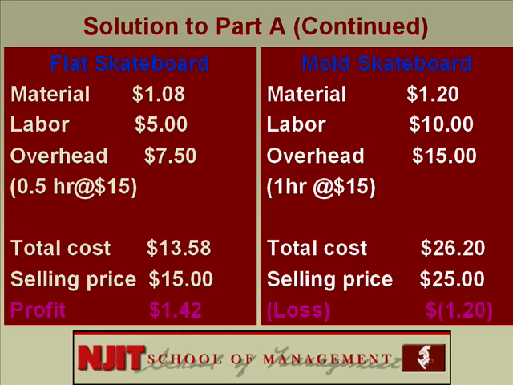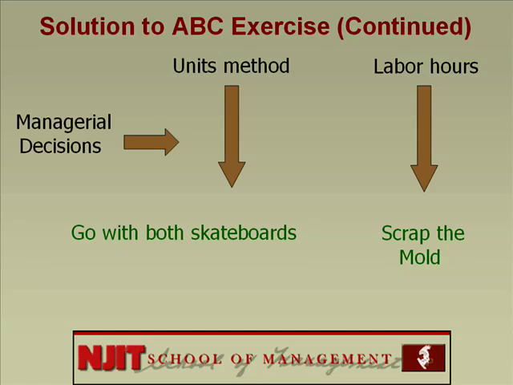Let's summarize our decisions. If you use the units method to charge overhead, you say, let's go with both skateboards. If you use labor hours to charge overhead, you may say, scrap the mold. Just scrap it because you make a loss.